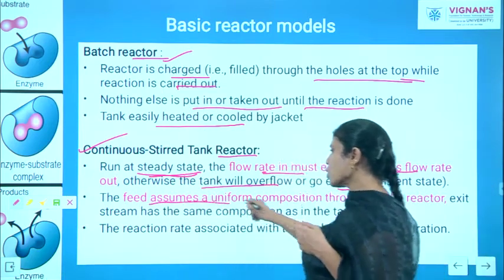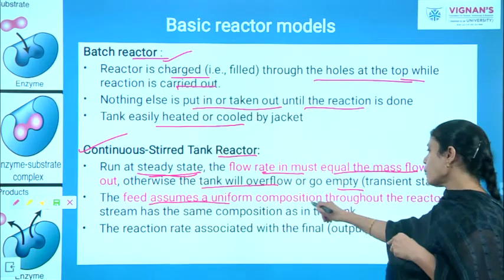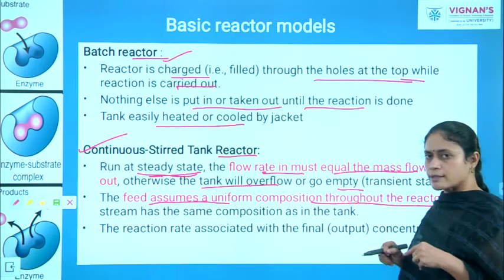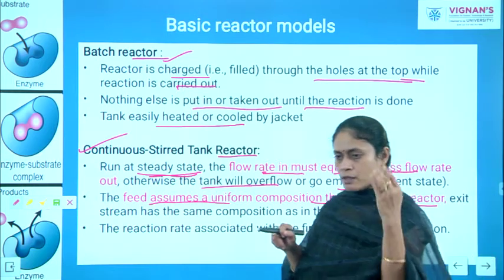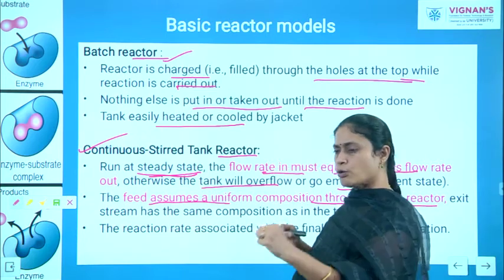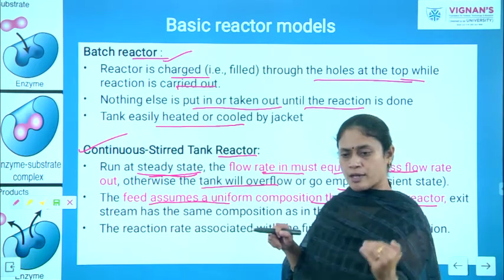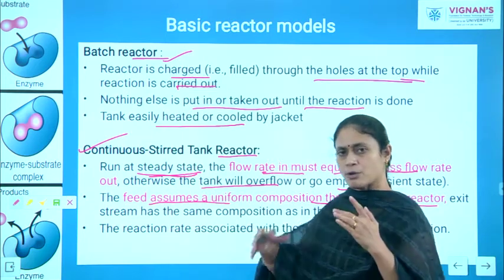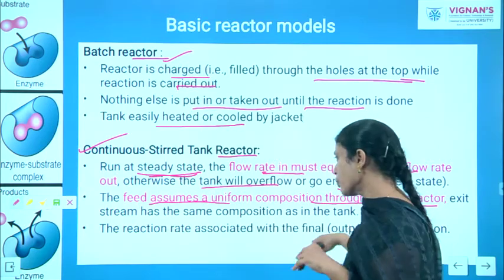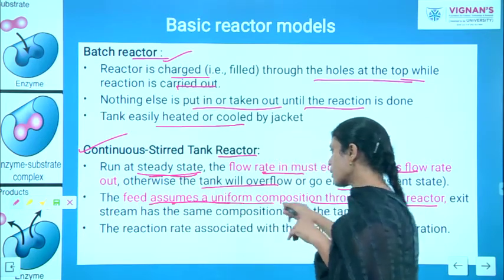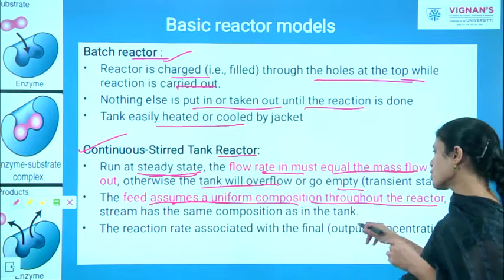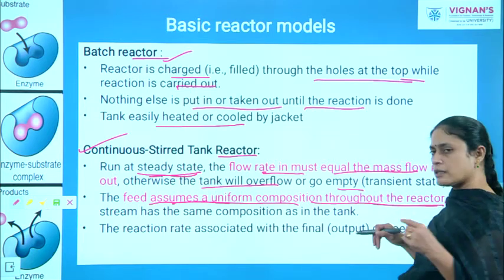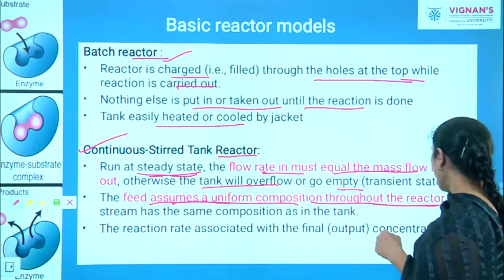Moreover, the model assumes a uniform composition throughout the reactor. As I've told you, a fixed amount of your substrate is continuously supplied and a fixed amount of your product is continuously removed from your system, so there will be uniform composition throughout your reactor.